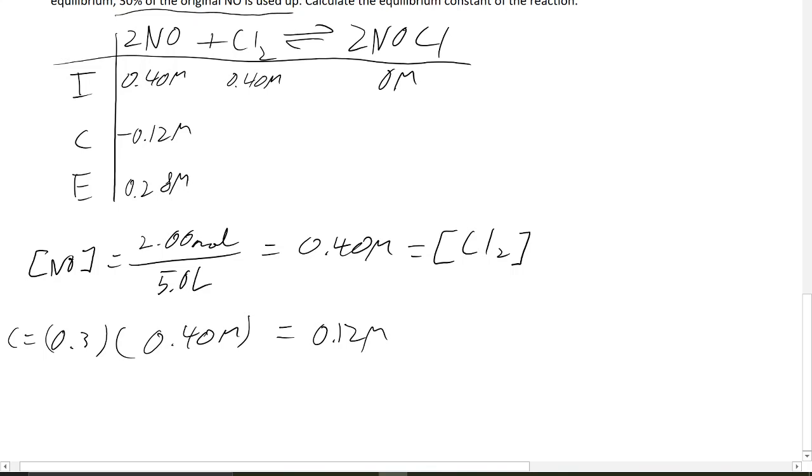Now, if we're given the change for one of the species, we can also find the change for all the other species. And it is at this stage that the coefficients come into play.